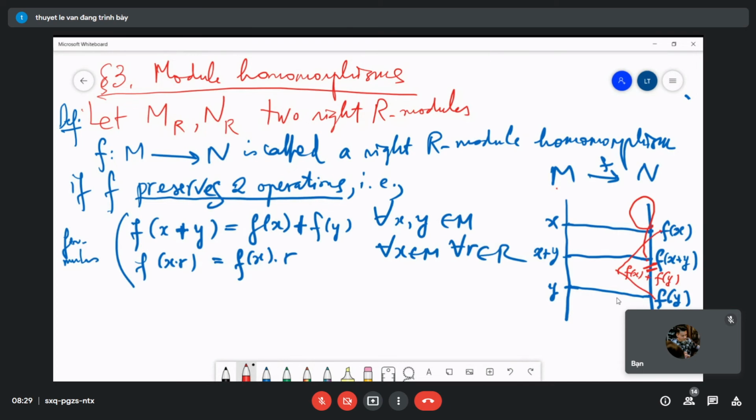It should be equal. So you can add in the left and then transfer to the right, that is the same. You transfer to the right and you take the addition, that is the same. Preserve, that is very important.